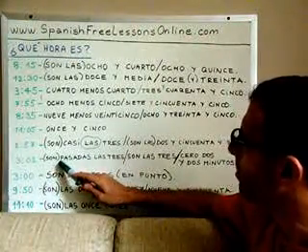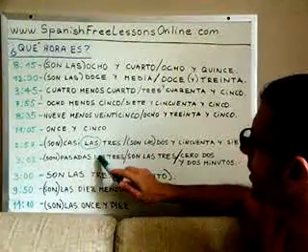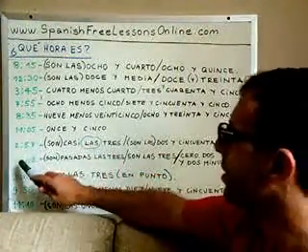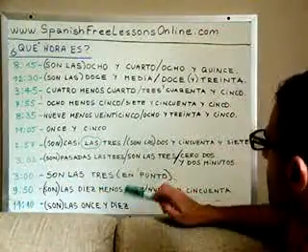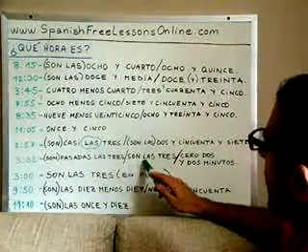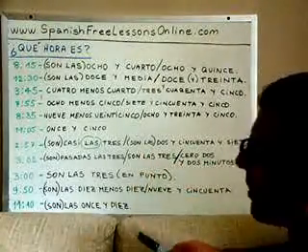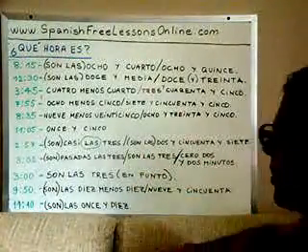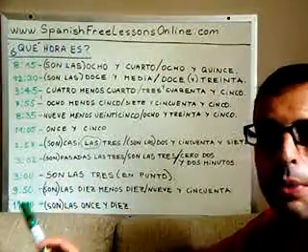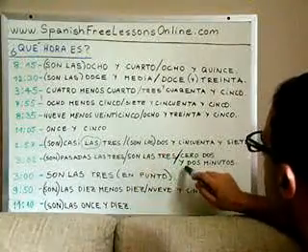We can just say pasadas las 3, past the 3. Or we can say 3:02. We can say son las tres y dos for 3:02.